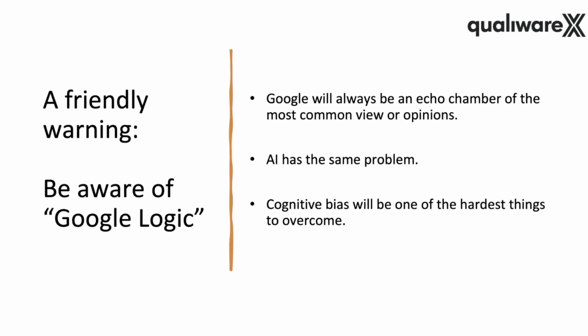So if something is the common opinion, that's probably what you're going to find when you search in Google. And the problem is that we just defined that change is going to be the only constant here. So taken to the extreme, that means that everything we will find in Google is old news, right?